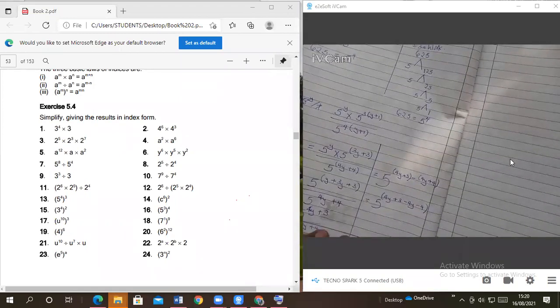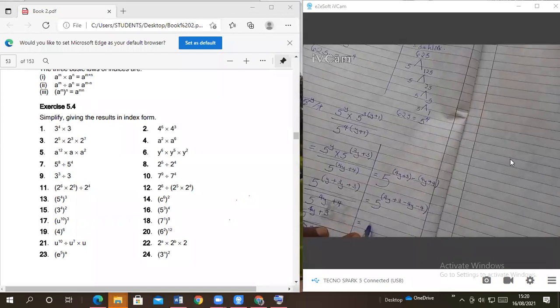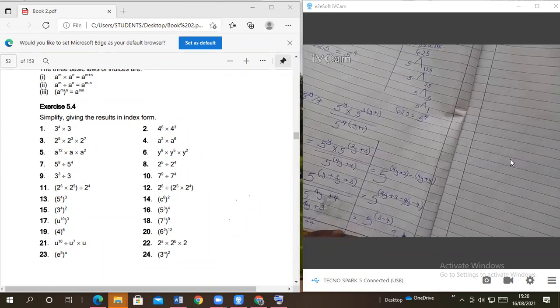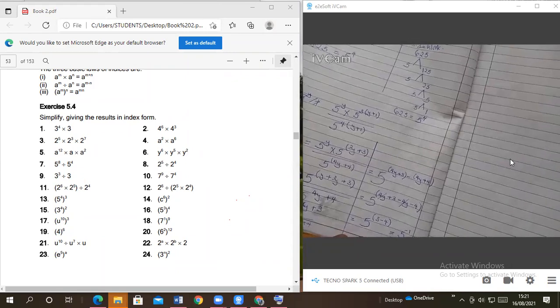So this and this will cancel out. Then we remain with 3 minus 4, which will give us 5 to the power negative 1. So you can stop there.